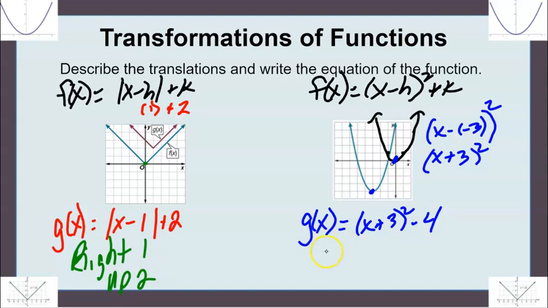And this one, it went to the left 3, and it went down 4. So that is a quick review on transformations, more importantly, translations of absolute value and quadratic functions.